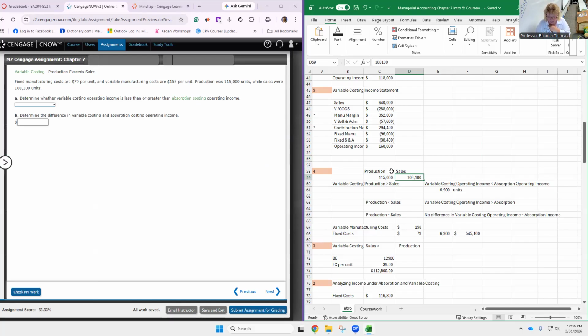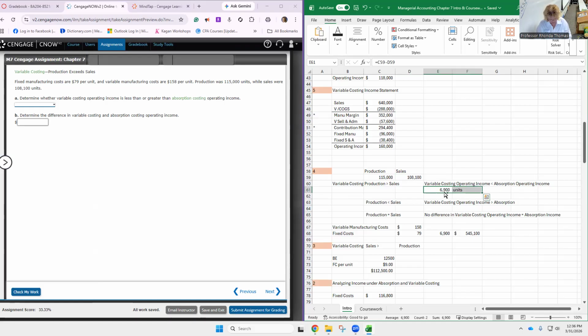When production units are more than sales units, then the variable costing operating income is less than the absorption. That's the rule. So one more time, if production is greater than sales, then variable costing operating income will be less than absorption operating income.